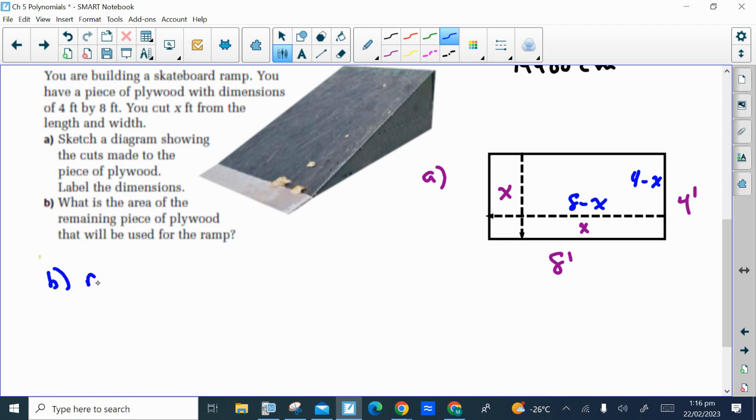So for part B, to find an expression for the area, which is all we're going to have here, there's no way we can figure out what x actually is. So we're just going to write our answer as an expression. By using the distributive property, we'll multiply these out.